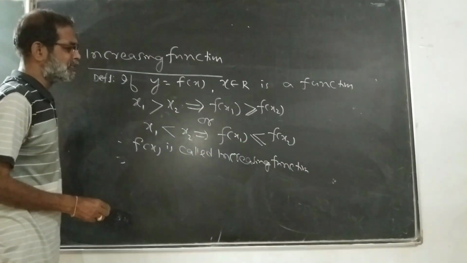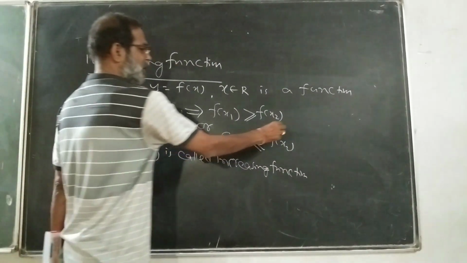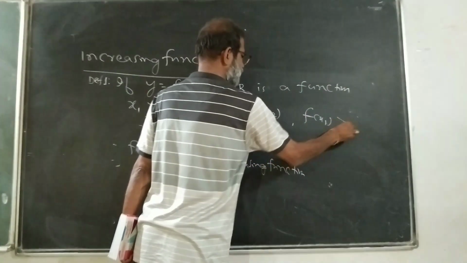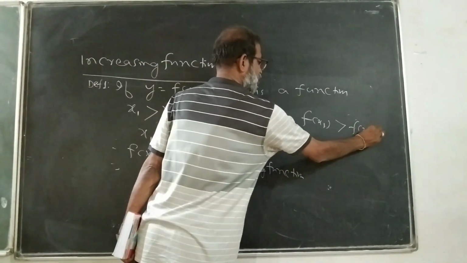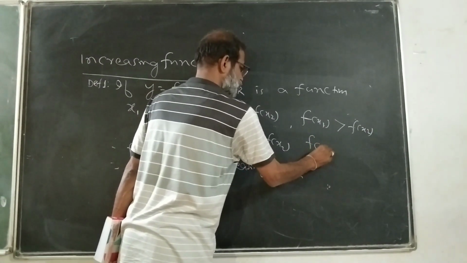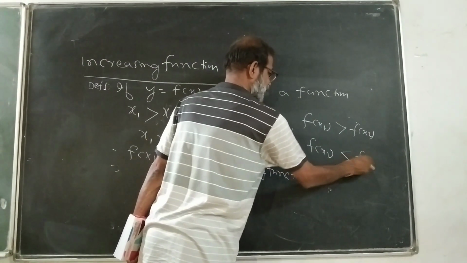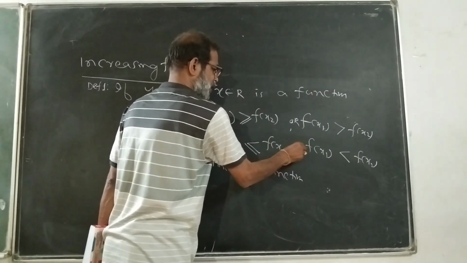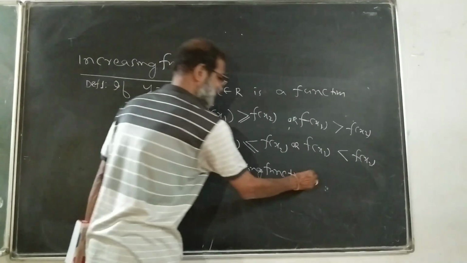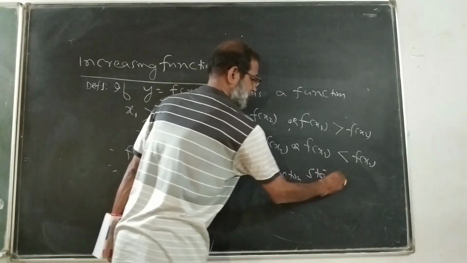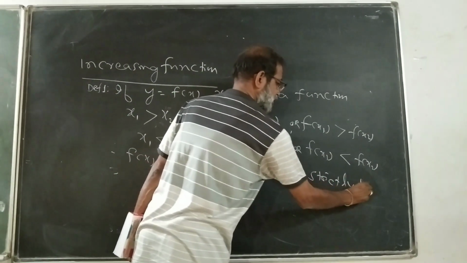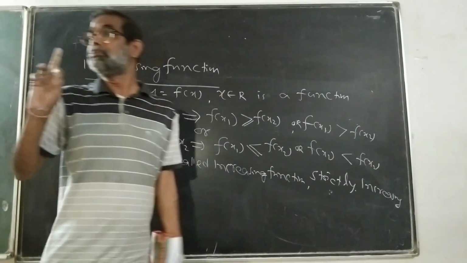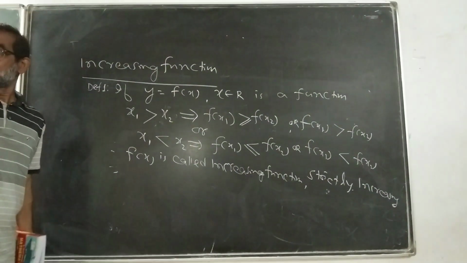If you don't include equal to, and only check f of x1 greater than f of x2, or f of x1 less than f of x2, then the function is called strictly increasing.